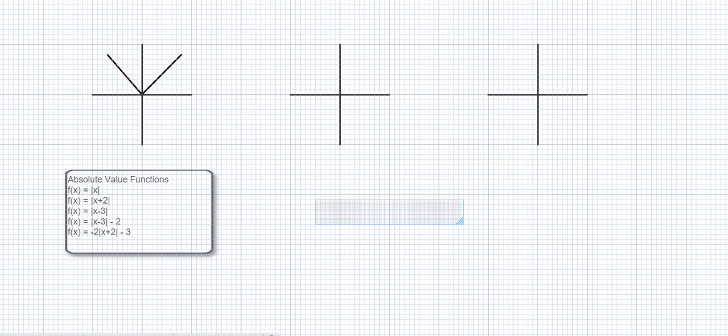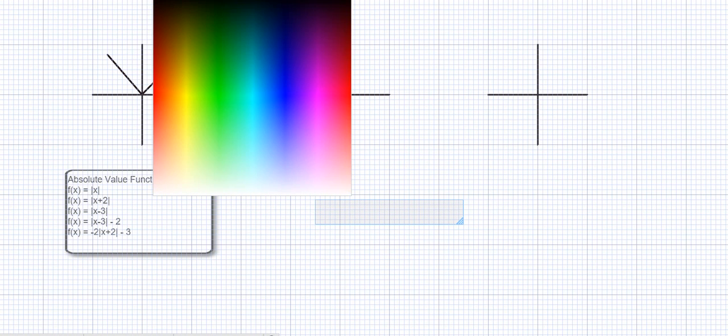Then I'm going to throw in an example that includes a horizontal translation and a vertical translation, meaning up or down. And then I'm going to show you a translation that puts all things together, including stretching or contracting the parent function and also flipping it over. So let's use different colors to represent these different things.